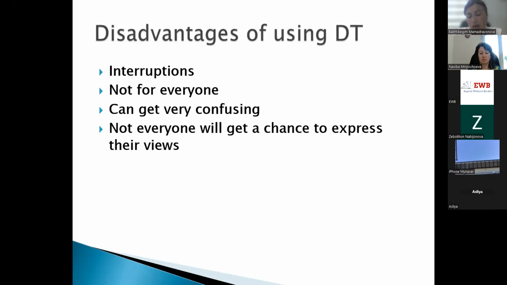We know that every discussion, like other stages, starts with introduction. Then it moves to body, and it moves to conclusion. So when we start the introduction part, the facilitator or teacher needs to explain what the topic is about, and what they know about this topic, and how to discuss.